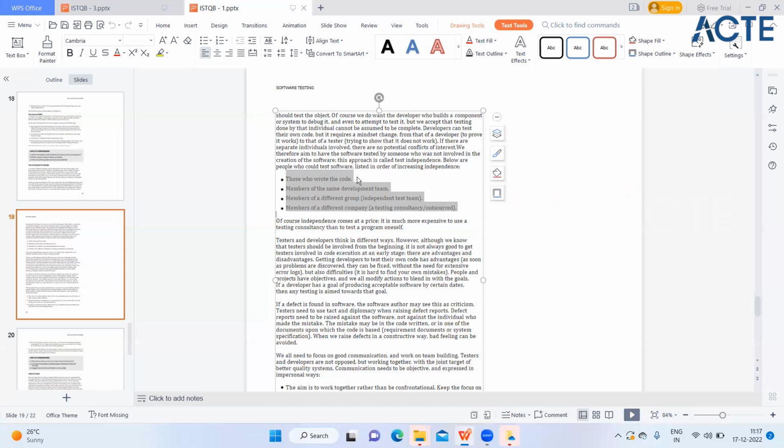That's why they define the psychology: if we develop the code, we will definitely not find many defects in our own code, and testers will also not find more defects in the code, because they know only that part. But as an outside point of view, they may provide you more suggestions for your project or product. So that's why they have more independence. That's the part which I missed and wanted to explain. Okay.